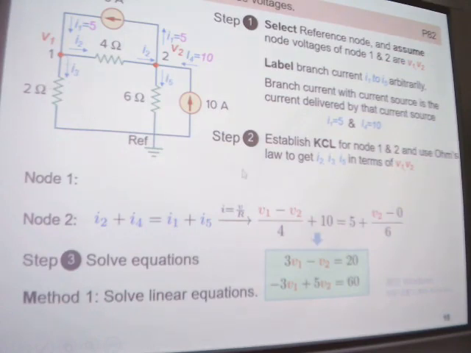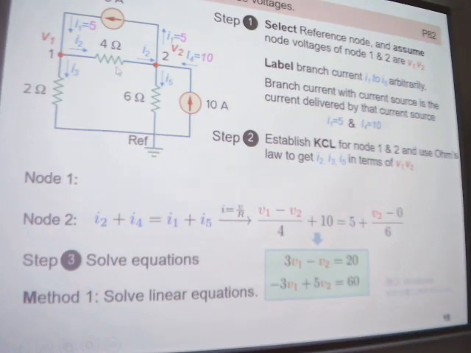Clear? So for node 2, by KCL, the current going inside, I2 plus I4, is equal to the current going outside, I1 plus I5, right? And then we use the node voltages instead of the branch currents. I2 is equal to (V1 minus V2) over 4, right?